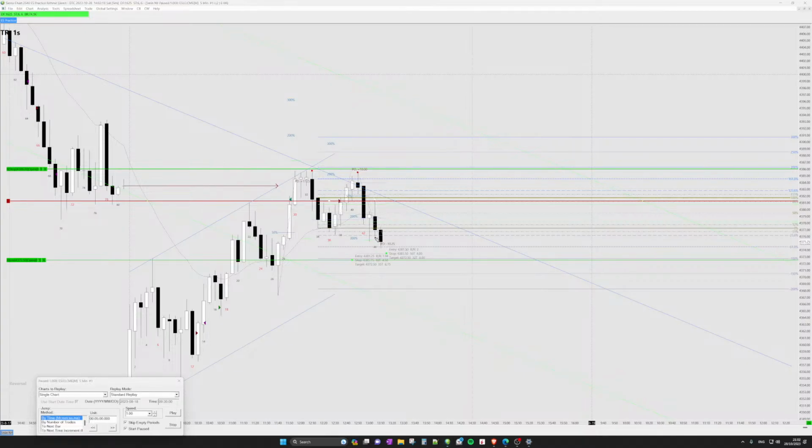And if that mother bar is still relevant, then it closed below that trap zone and reached the target. Yeah, but for now it did not close lower than that low, but lower than the previous bar, but not lower than that pullback. But still high probability for lower prices.